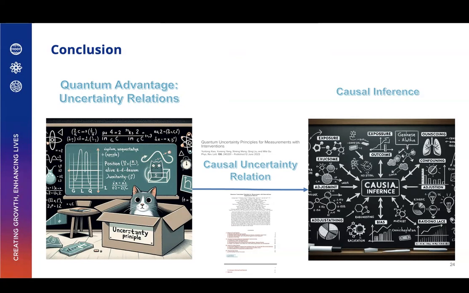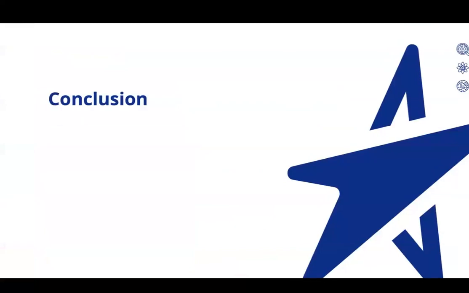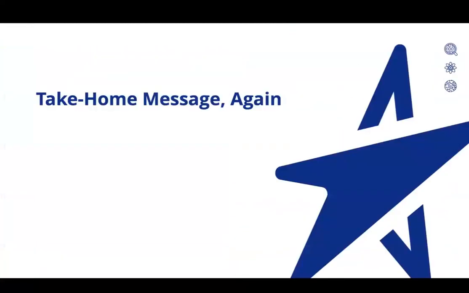Okay, very good question. Actually, we also try to distinguish between a pervasive mixture of direct cause and common cause, or a coherent mixture, but we do not have any useful result yet, because in the classical world we only have the pervasive mixture of direct cause and common cause, but in the quantum world, this paper has shown the coherent mixture of direct cause and common cause. Let me show you.